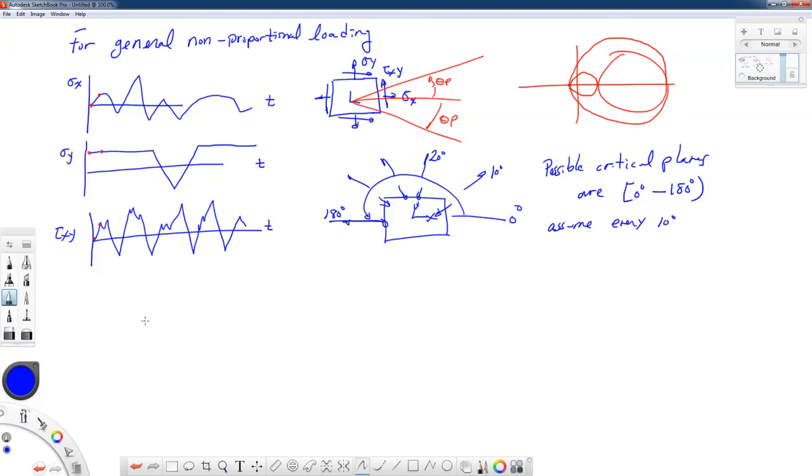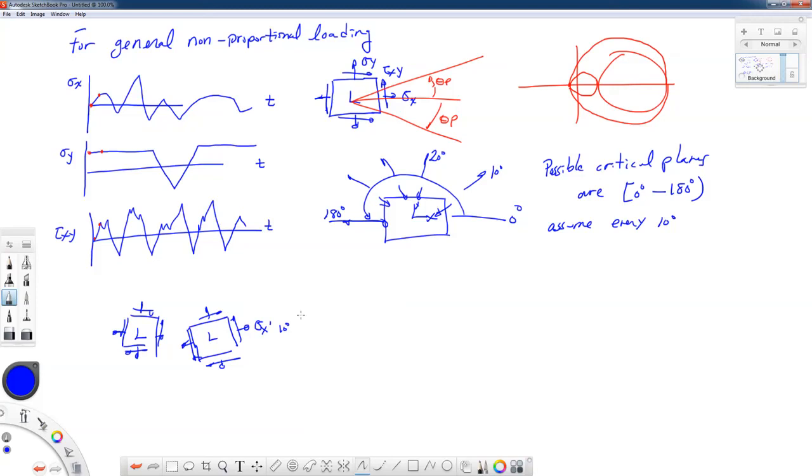Okay, so what we would do is we would have our baseline case where our stress block is oriented at 0 degrees. We would do another case where we have this stress transformation done at 10 degrees. I'll put in our stresses here. So this would be sigma x prime at 10 degrees, and we would do this for all of them, and we would also want to get the strains in this location as well.